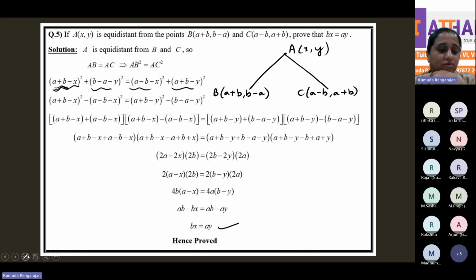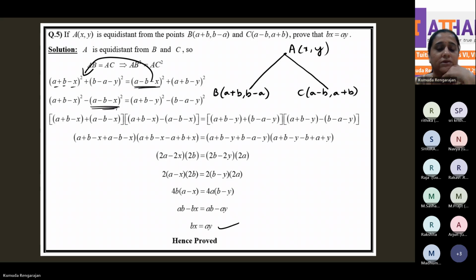But when you're transposing, you should transpose carefully. This one has A, B, and X, so this one, which also has A, B, and X, should be moved to the left-hand side, like this here. This one is A, B, and Y, which is on the right-hand side, so move its counterpart, B, A, and Y here.